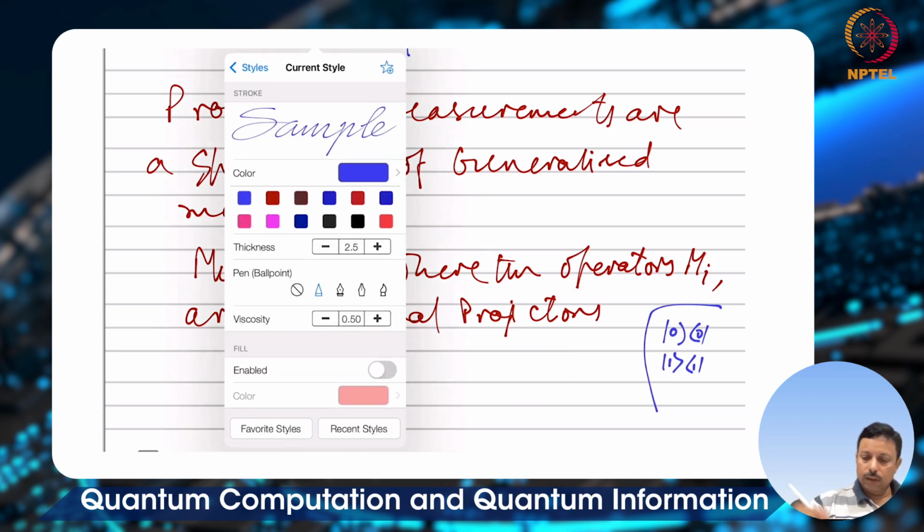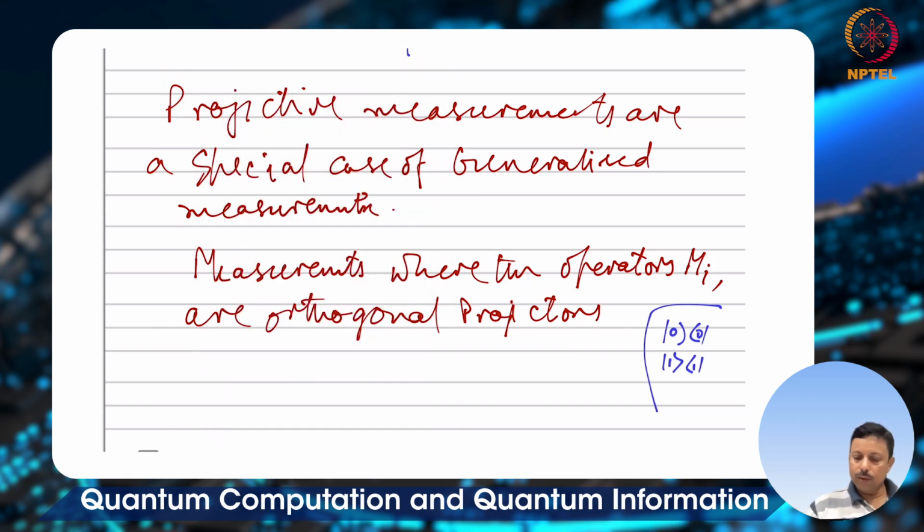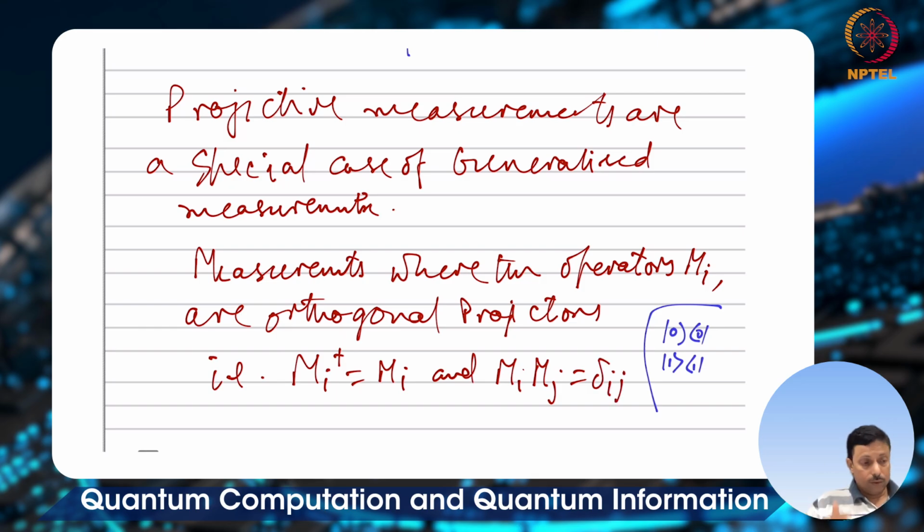So continuing the definition, the measurements where the operators M_i are orthogonal projectors, that is M_i dagger equals M_i and M_i M_j equals delta_ij.